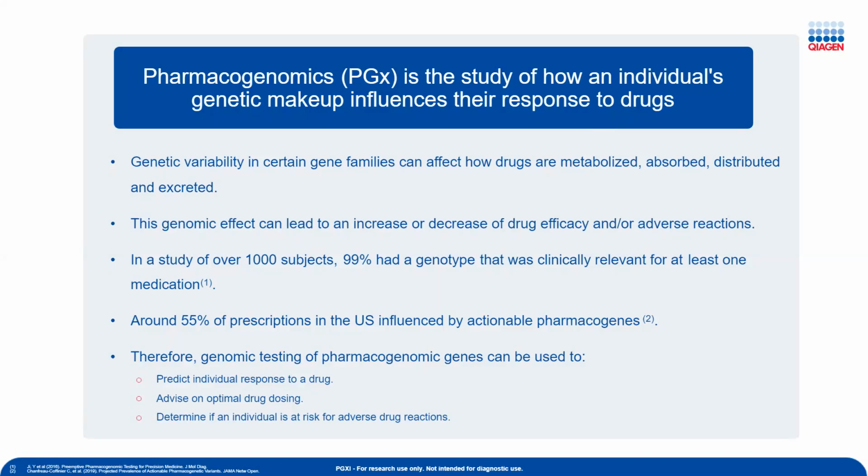And 55% of prescriptions in the US are influenced by actionable pharmacogenes. Therefore, genomic testing of pharmacogenomic genes can be used to predict individual response to a drug, advise an optimal drug dosing, or even determine if an individual is at risk for adverse drug reactions.